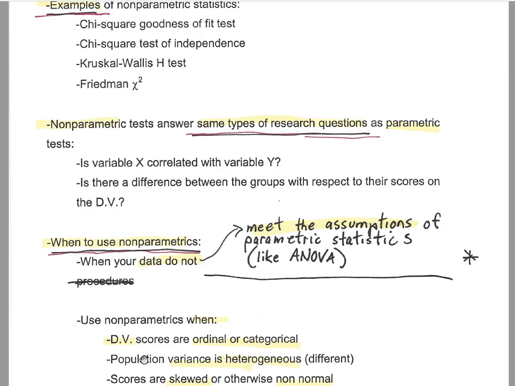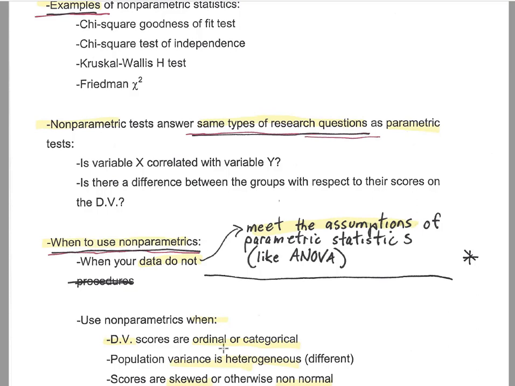When scores on the dependent variable are ordinal or categorical. When I talked about independent samples t-test, when I talked about analysis of variance, I always talked about how the dependent variable needs to be a quantitative variable that's measured on an interval scale or ratio scale. What if your dependent variable is not on an interval scale or ratio scale? What if it's on an ordinal scale?